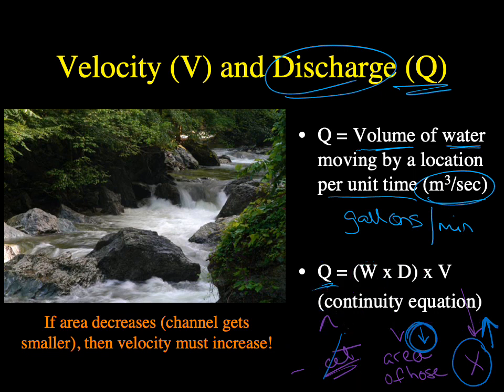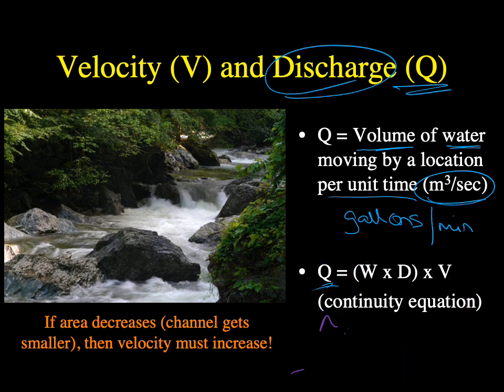If I get rid of all my scribbles here and we think about this too, if you've got a river, and it's flowing and it has a certain discharge and it's moving at a certain velocity, say for example you deepen the river, so you increase the depth. Will that river move faster or slower? Well, if you increase one variable on this side, but this has to stay the same, that means that this variable has to move in the opposite direction, right?